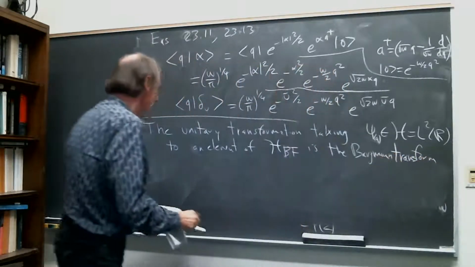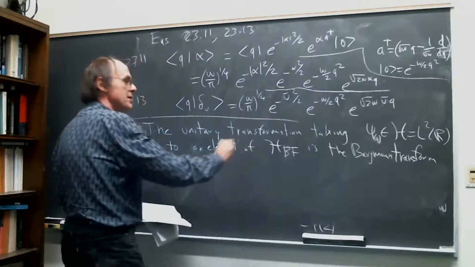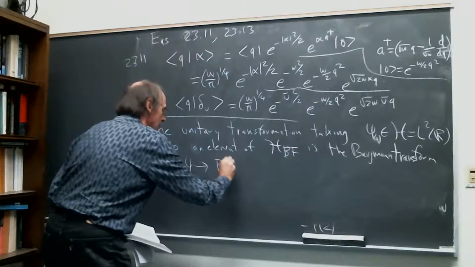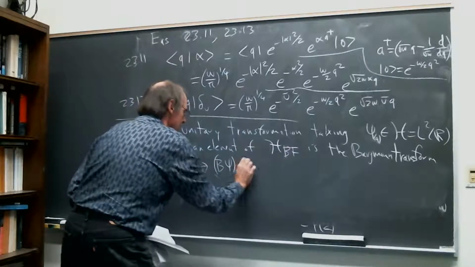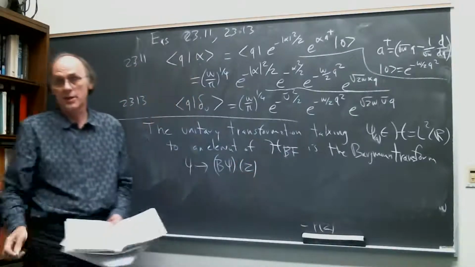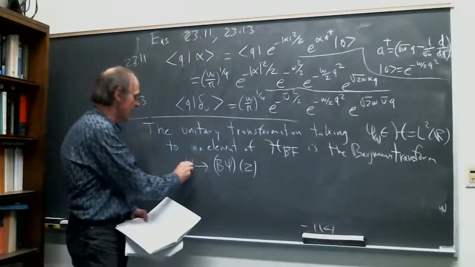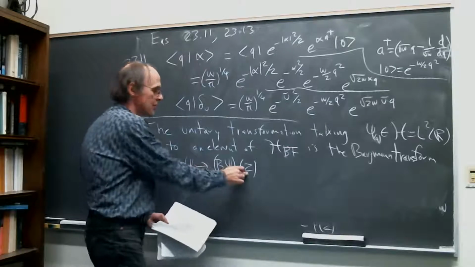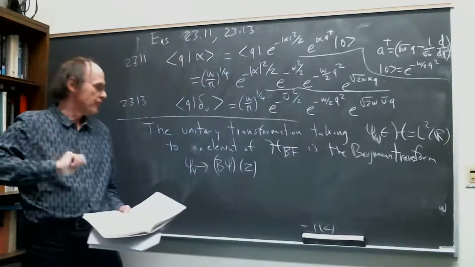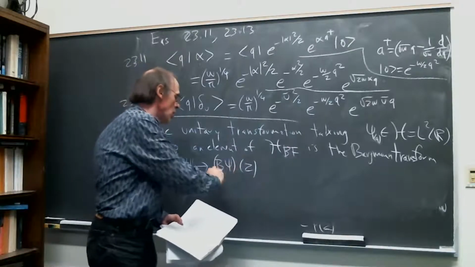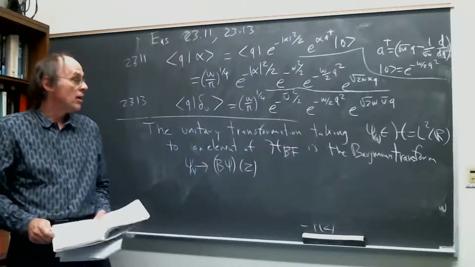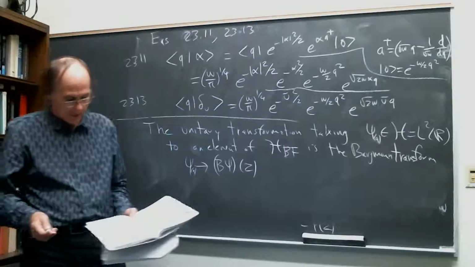And it's written as psi goes to what I'll call b psi, and b psi is a function. So this is going to be a holomorphic function of z. So this is some function of q, the position space thing. If you want to know what's the holomorphic function of z in the Bargmann-Fock space, it's this guy.